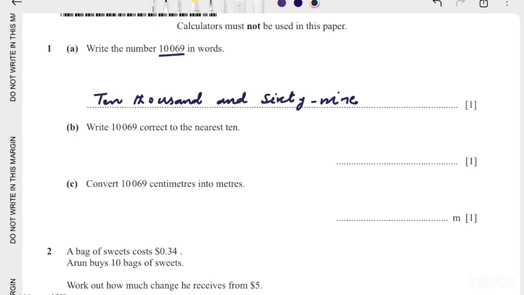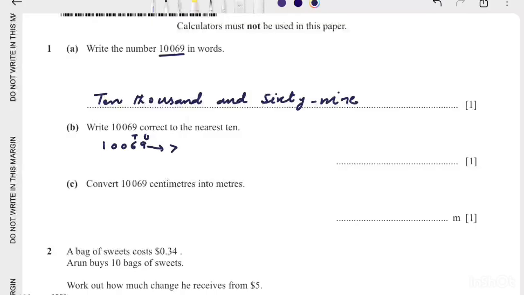B part, write 10069 correct to nearest tens. So first of all, students, we should know the place value of each number. So let me tell you. This is units, tens. So we have to correct to nearest tens. So we have to see the unit.